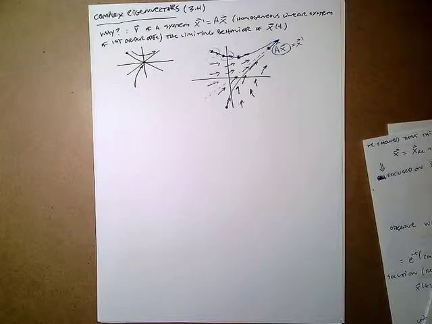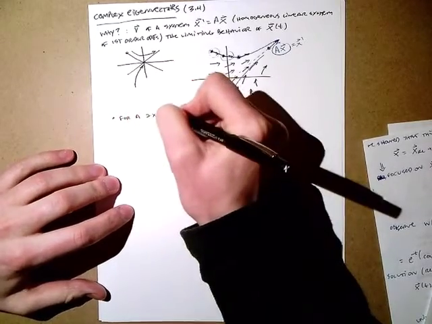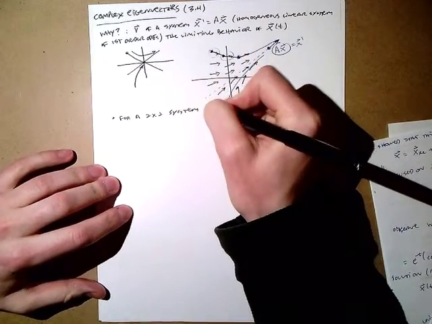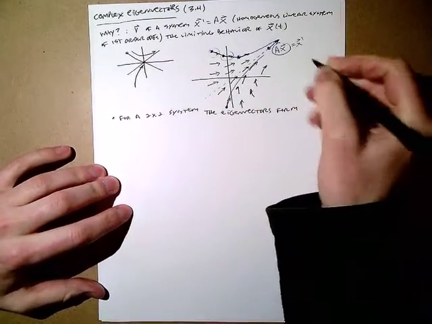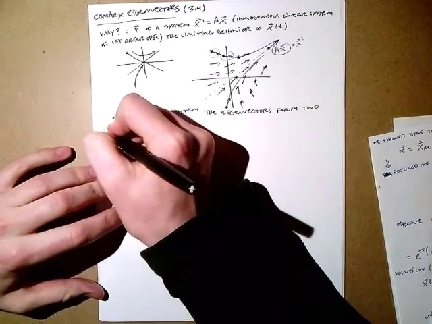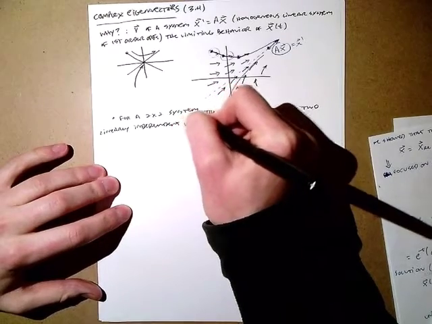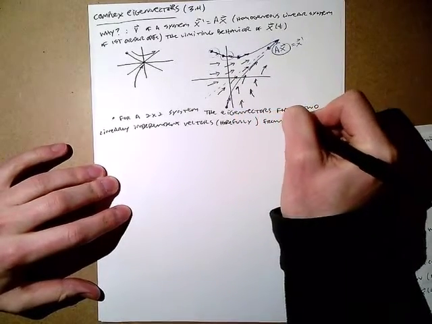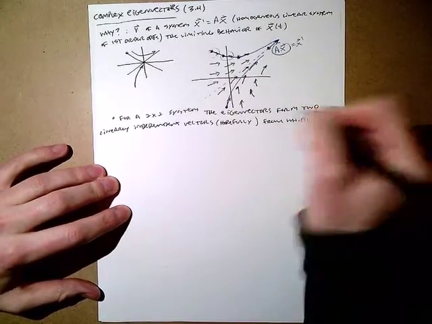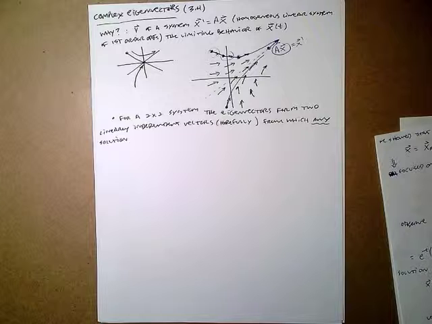Another reason is that for a 2 by 2 system, the eigenvectors form two linearly independent vectors, hopefully, from which any solution in the big set of all possible solutions that satisfies the differential equation can be generated.